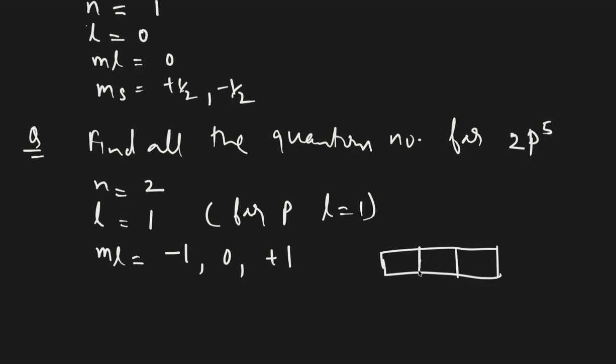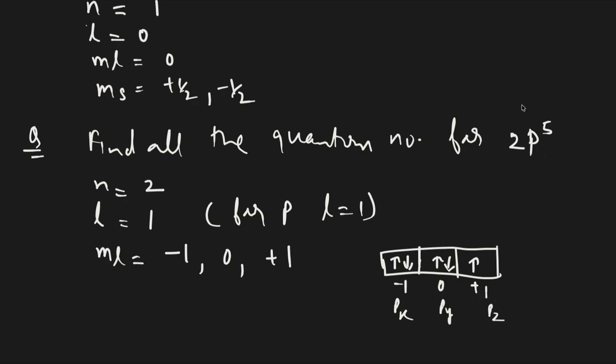When we start filling the electrons, this 5 represents the 5 electrons. First we will fill all the orbitals with the upward spin. So 3 are already there, then 2 left. Then we will start filling in the opposite direction spin, 1, 2. The value for this is -1, this is 0, this is +1. These represent px, py and pz and so on.